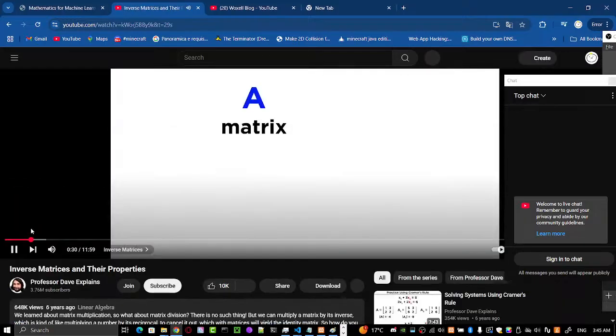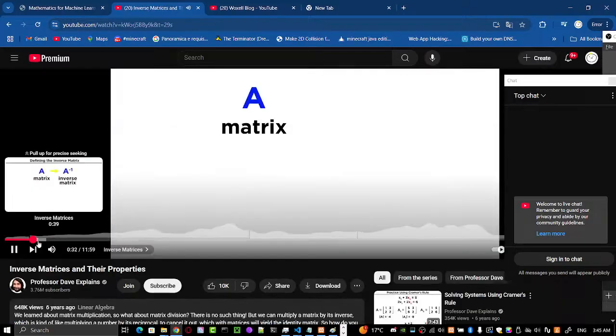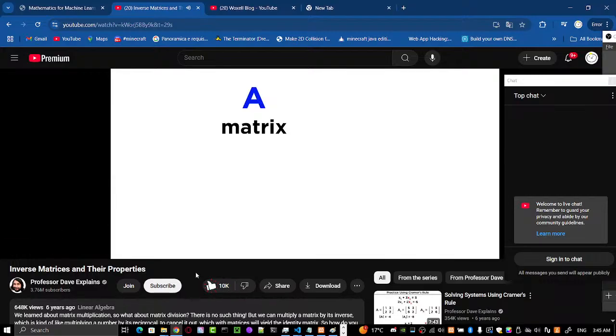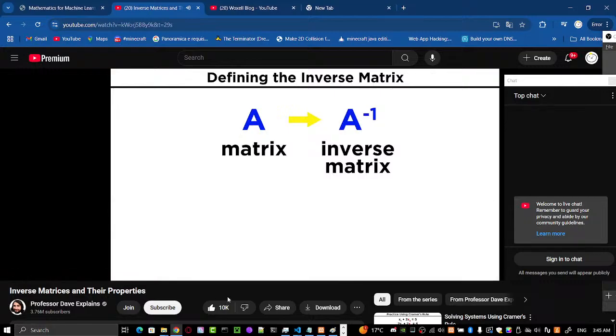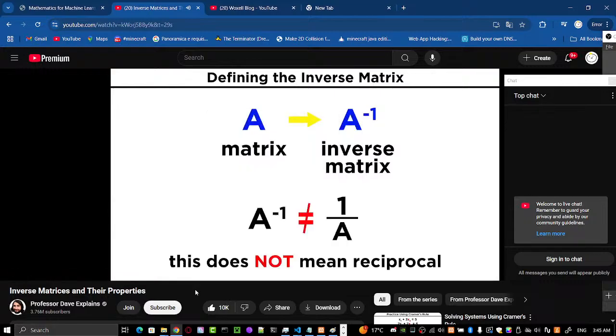Although a matrix is different from a function, when denoting the inverse of a matrix, we will use similar notation as we did for functions, where the inverse of matrix A will be A with a -1 in superscript, just like a function f and its inverse. We must realize that this is not an exponent. A inverse does not mean the reciprocal of A, or 1 over A, because there is no such thing as matrix division.